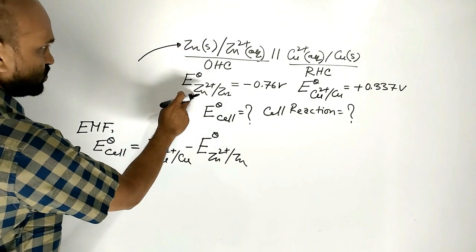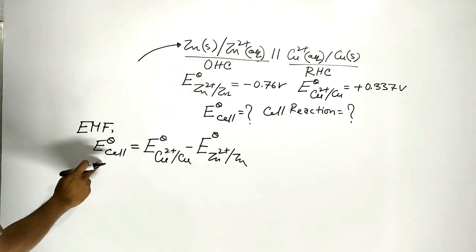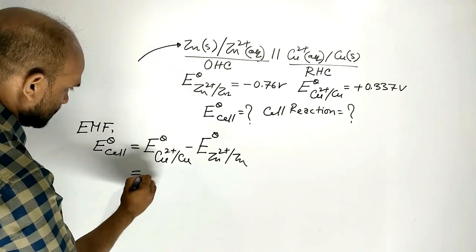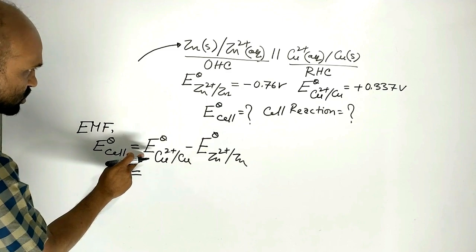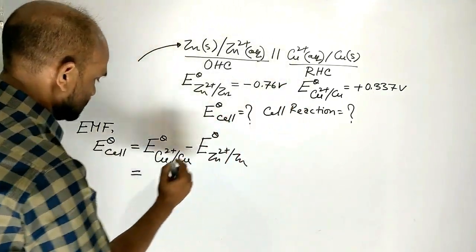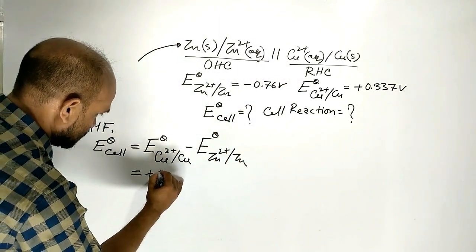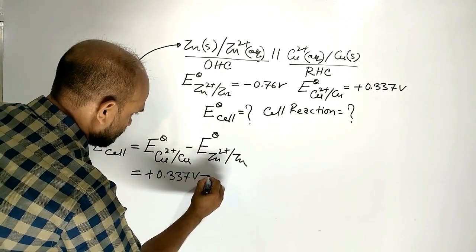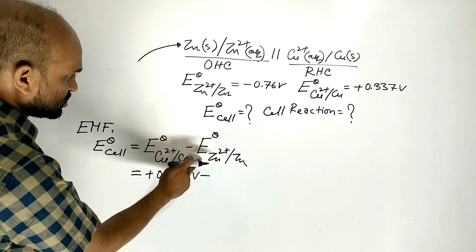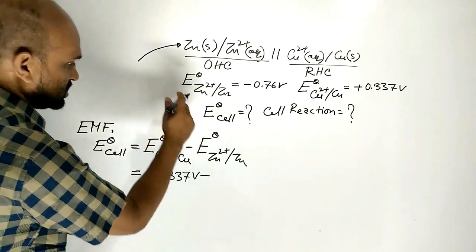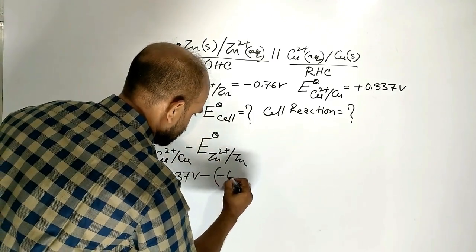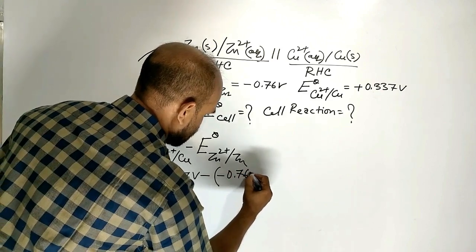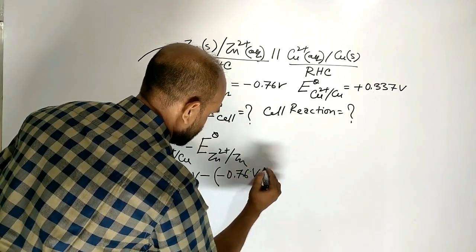Now, putting these values in this equation, we get standard reduction potential of cathode, plus 0.337 volt, minus standard reduction potential of anode, minus 0.76 volt.